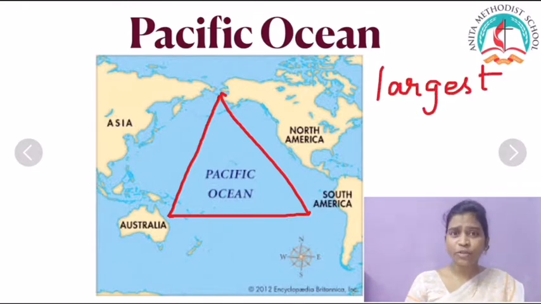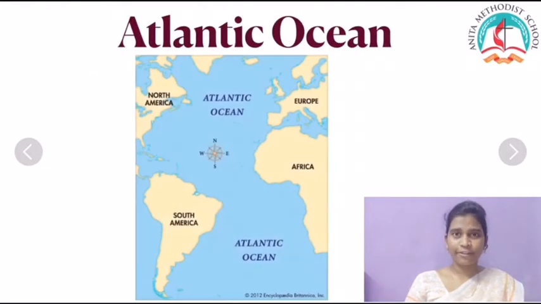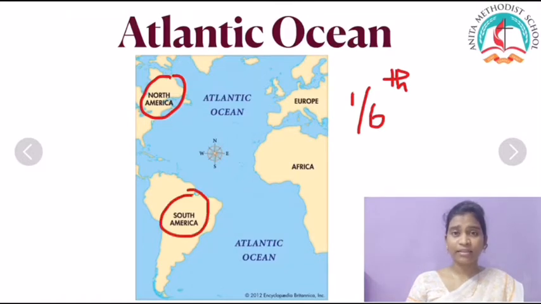Which is the second largest ocean, children? Correct. The second largest ocean is the Atlantic Ocean. This Atlantic Ocean covers 1/6 of the Earth's surface. Now look at this picture and tell me the boundaries of Atlantic Ocean. Correct. So Atlantic Ocean is bounded by North America and South America in the west and Europe and Africa in the east.